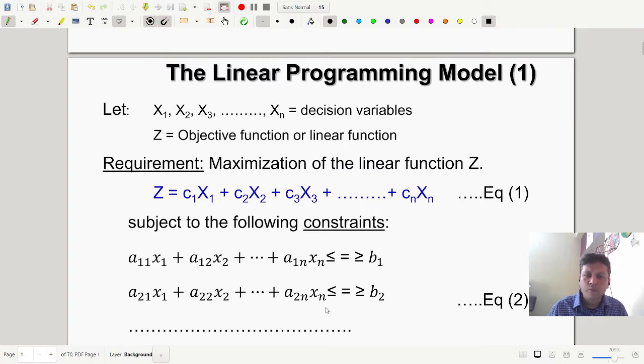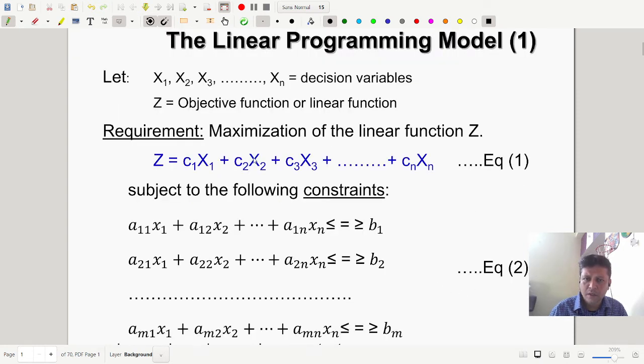So, we have now a linear programming model. Let x1, x2, xn be decision variables and z be the objective function or linear function. So this objective function z can be maximized or minimized. Here we have written only maximization, but it can be minimization also.